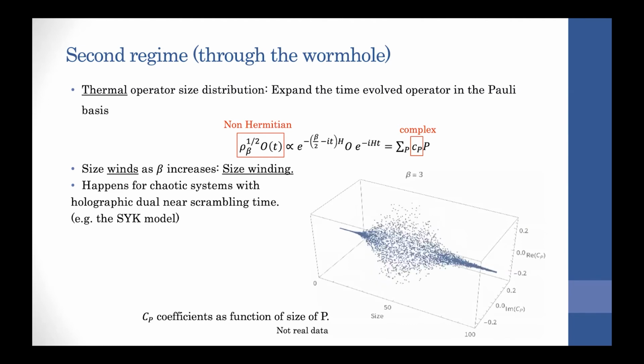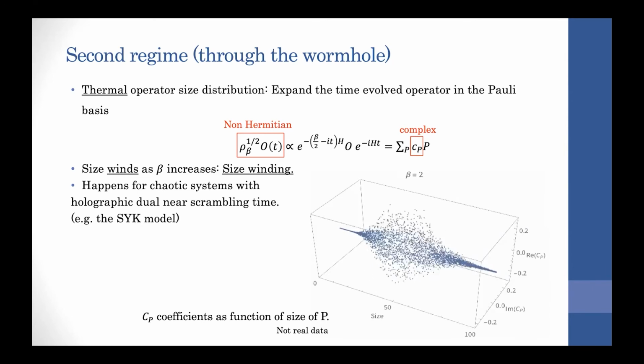And as I'm increasing temperature, instead of these coefficients being randomly distributed on the complex plane, for each size you get somehow a coherent distribution of the operator coefficients on a line. And this is what we call size winding.